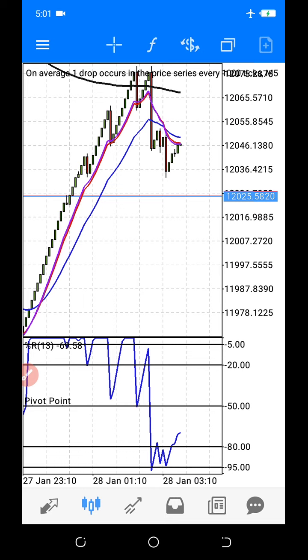And let me say this very emphatically, that the Williams percentage range is almost like the stochastic oscillator, but the difference is that the WPR is more sensitive to a market's closing price as it relates to the high-low range over a specific period, usually a 14 day period, like what we saw.